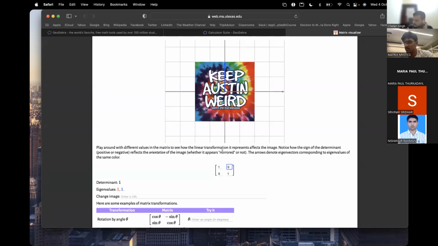You can open the link from the chat if you have not already, and try different values for the matrix, keeping in mind that the first column of the matrix is telling you where 1 comma 0 will go to, and the second column is telling you where 0 comma 1 will go to.